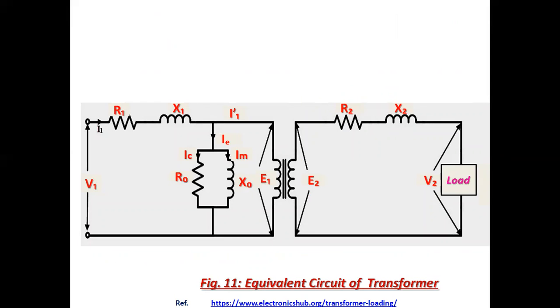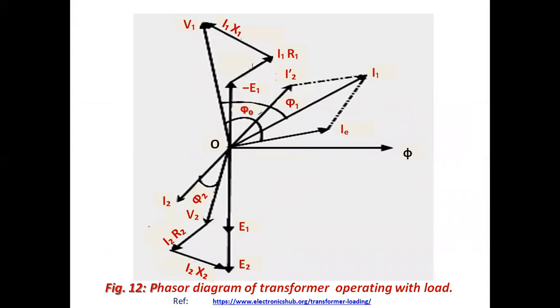You see the excitation current is divided into two, one is the core loss component and another is the magnetizing component, that is in the primary side. The secondary side is connected with the load. This is the phasor diagram of the transformer operating with load.